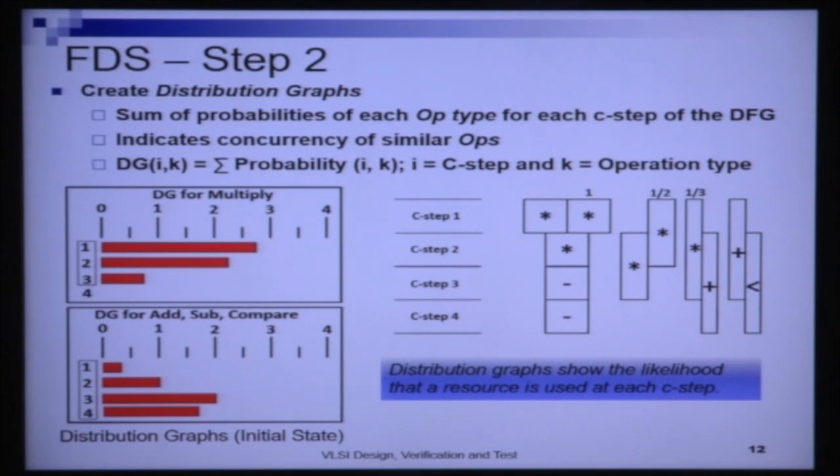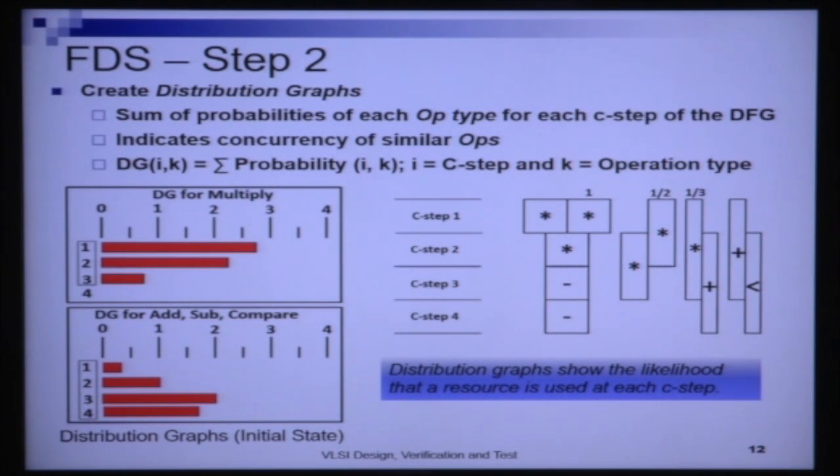It indicates the pressure on a resource due to the concurrency of operations. Hence, the pressure of concurrency, that means the number of operations that I may be forced to schedule in time step 1 is high, and hence this value of the summation of probabilities is high. So, it indicates the concurrency of similar operations at a time step.